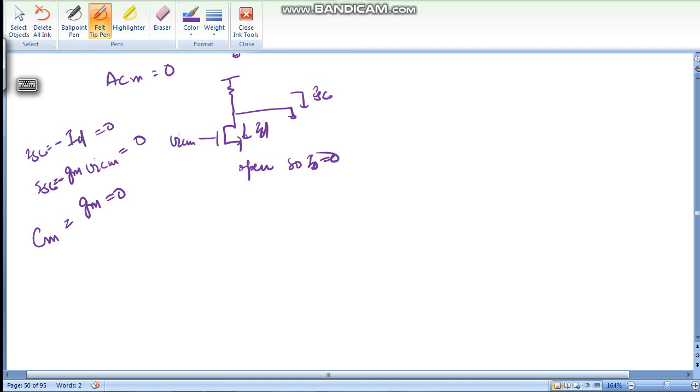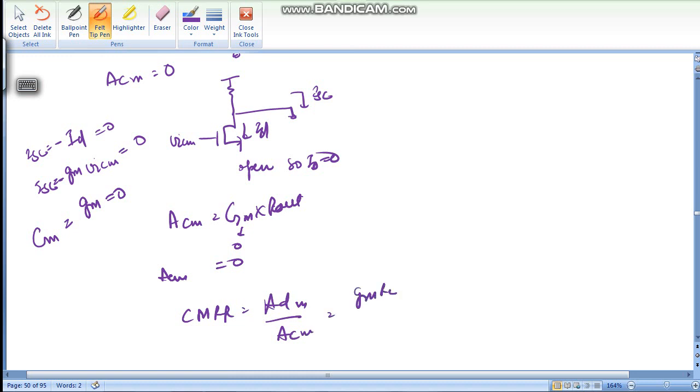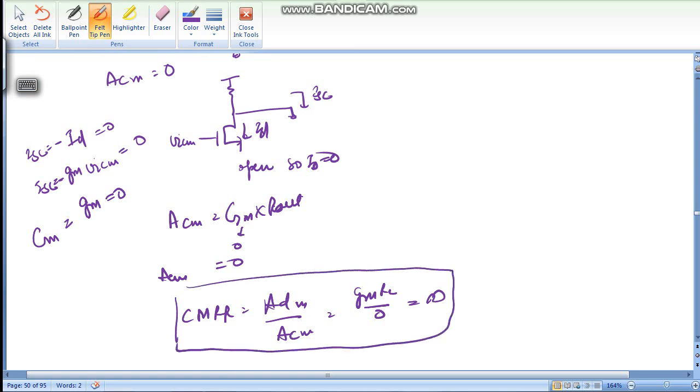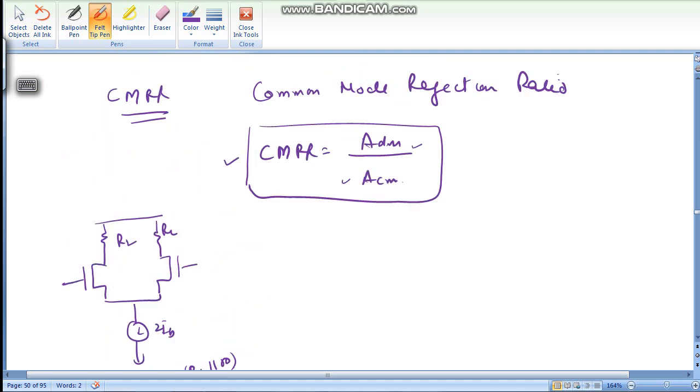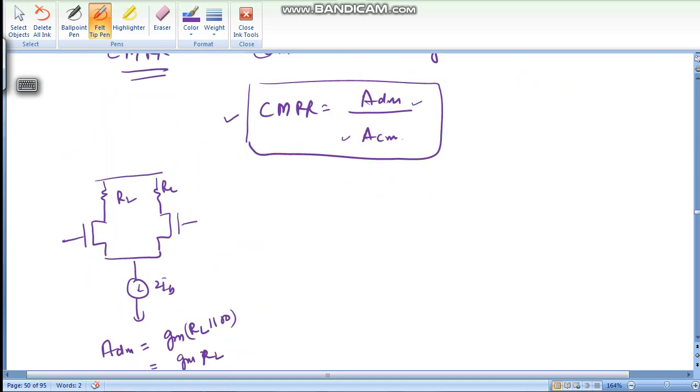If current is not there, then GM is 0. If GM is 0, ACM is GM into R out, so ACM is 0. Now common mode rejection is ADM upon ACM, which is GM RL divided by 0 equals infinity. So in this topology we have CMRR infinity.